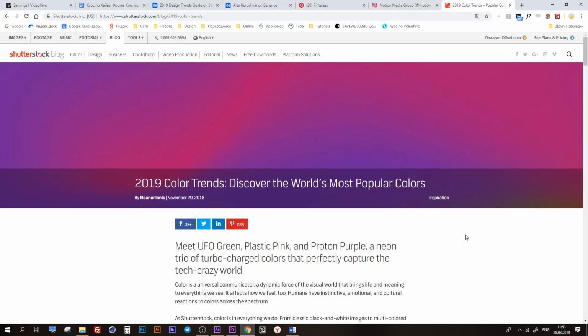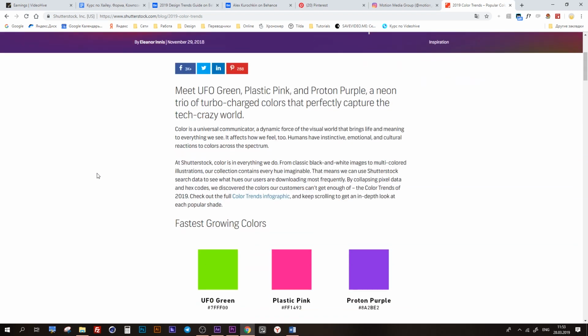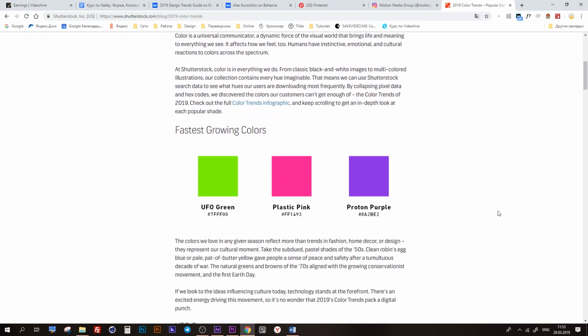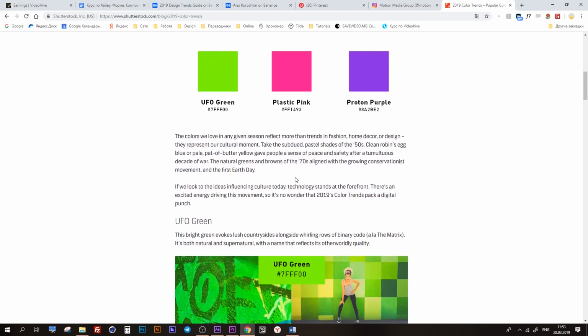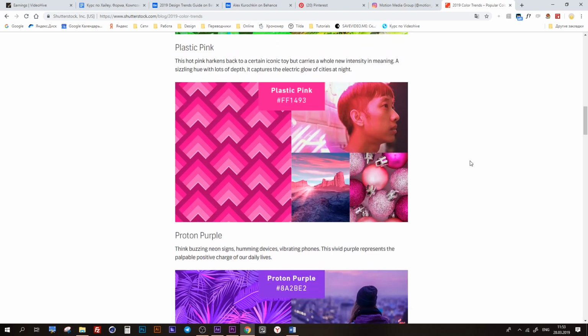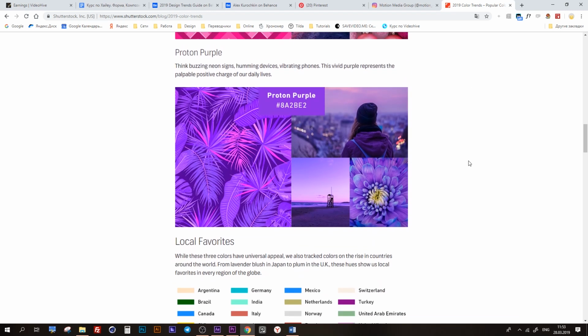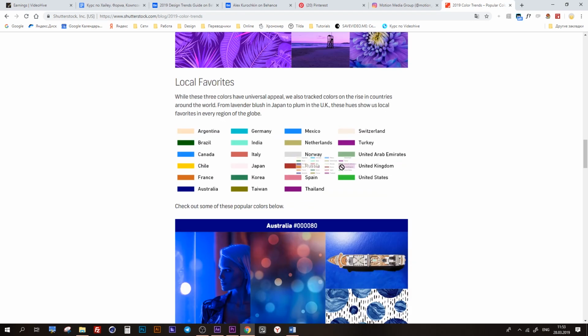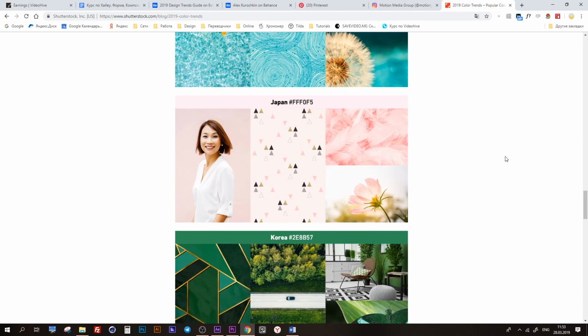And if you look up at the analytics from the stock platforms, then by 2019, Shutterstock predicts popularity of these 3 bright neon colors: purple, neon green, and bright pink. That analytics is worth of trust because they have the biggest base of purchased images in the world, and this analysis is made on the basis of consumer activity and demand.